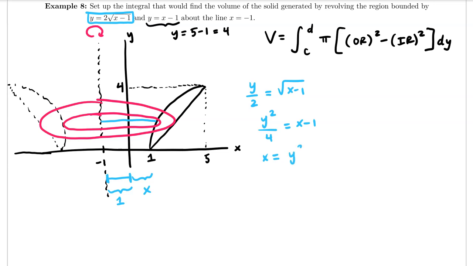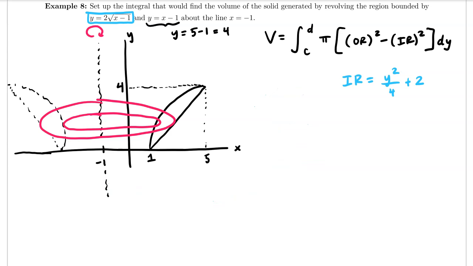So I would get y squared over 4 plus 1, and that represents this x value right here. So for my total inner radius, I need to take this x value and add 1 to it. So my inner radius is y squared over 4 plus 1, plus 1, which simplifies to plus 2.